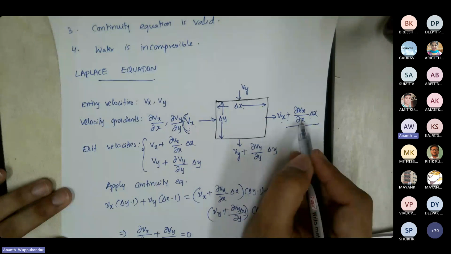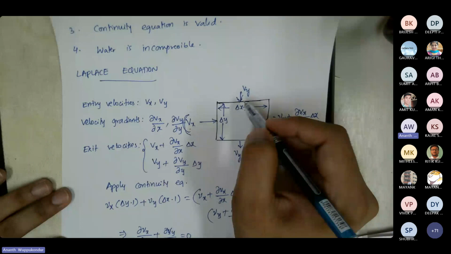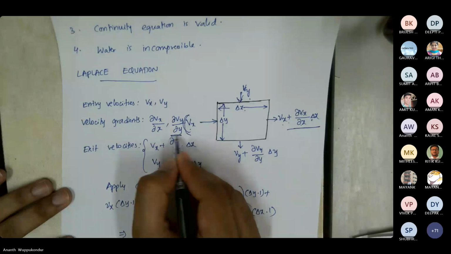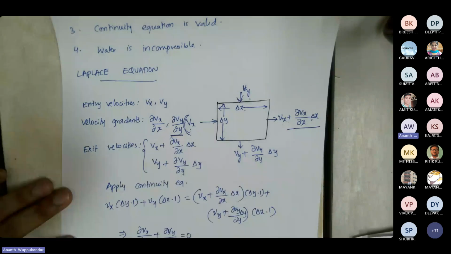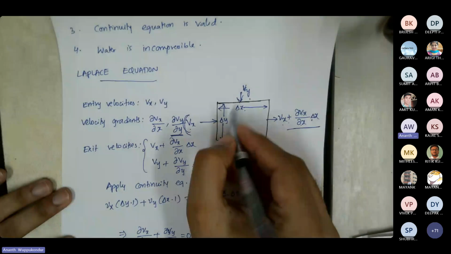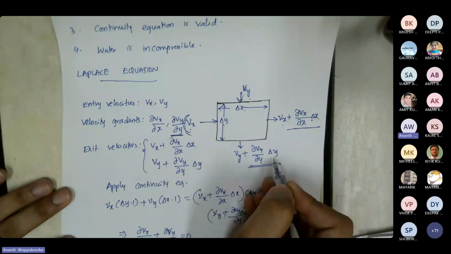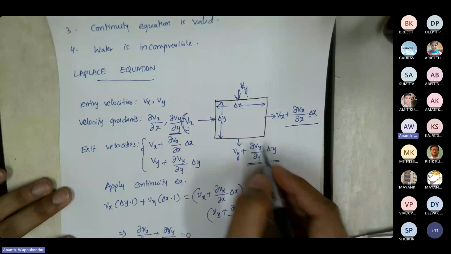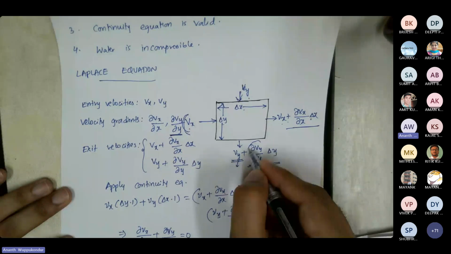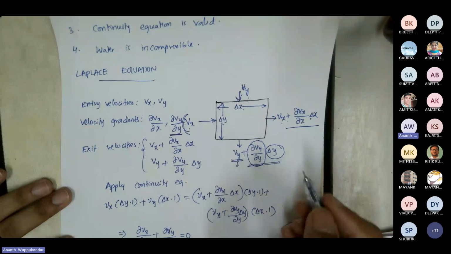Similarly, if we have a fluid that is passing from top to bottom, then the velocity in the y direction is Vy, and the velocity gradient or the change in velocity is ∂v/∂y, and the change is occurring over a distance of delta y. So the new exit velocity would be Vy plus ∂v/∂y multiplied by delta y. So this is our original inflow velocity, and this is the change in velocity, and this change is happening over a distance of delta y. So that is why we add Vy with this term.